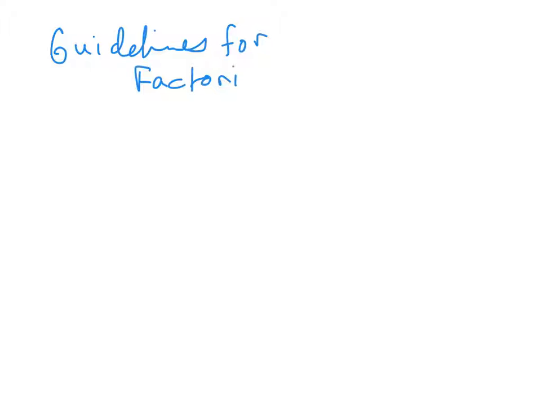So we're going to call this guidelines for factoring. We're going to go back to these guidelines time and time again. Every time we get a factoring problem, this is the way that we're going to think, so that we can get to the right factoring strategy on each problem. That's a little sloppy, sorry about that.